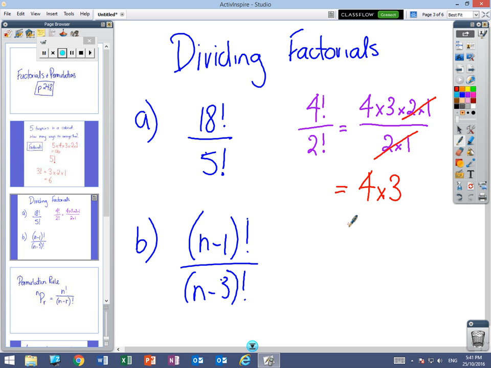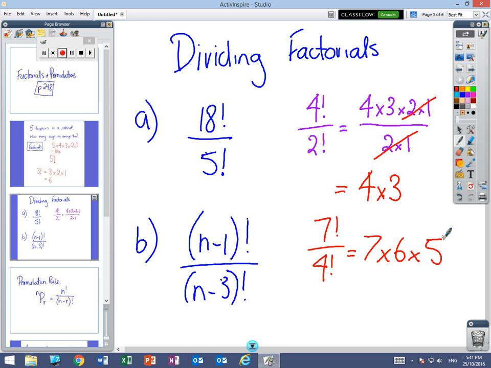Now, the hint on this is as follows. If I do 7 factorial divided by 4 factorial, what that means is: start at 7 and keep going down until you reach the number that's 1 larger than the factorial represented in the denominator.